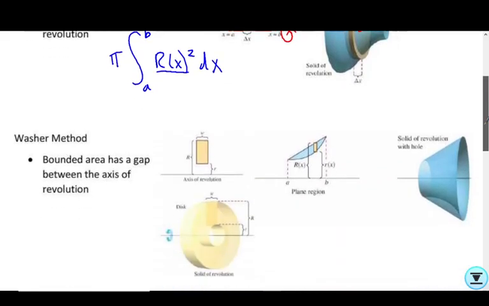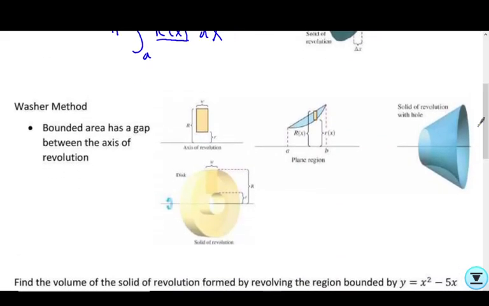So the disc method is what we use when it's sitting on it, but the washer method is for when there's a gap or some kind of missed space in between my bounded area. So this is my bounded area now, and see how there's a gap here.